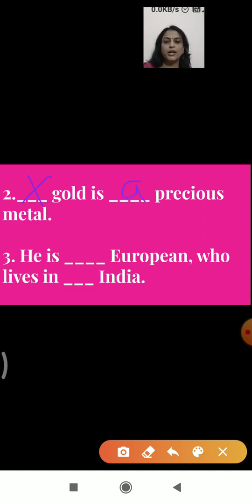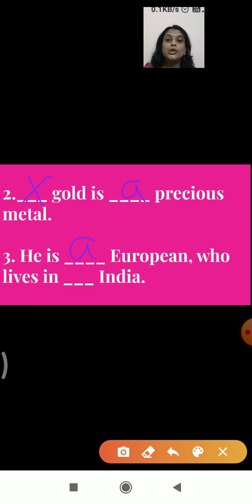The third one. He is dash European who lives in dash India. So he is dash European. Now what will come? E is there, that means A, E, I, O, U, E is coming in vowels. Will an come here? No. He is a European. Why a?